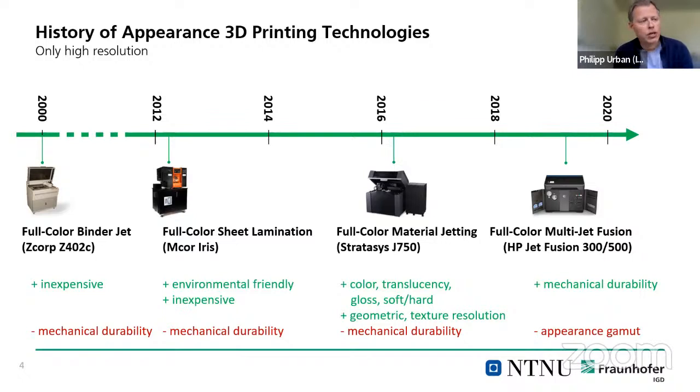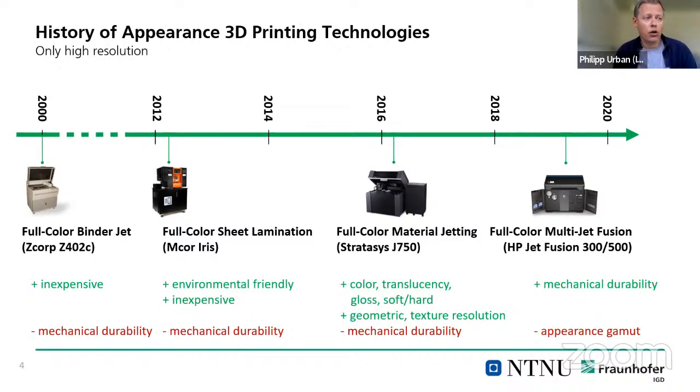The last 2 technologies are very interesting because the multi-jet fusion printers can create prints with a very high mechanical durability. Unfortunately, the appearance gamut, so the set of appearance quantities that they can reproduce, is very limited.